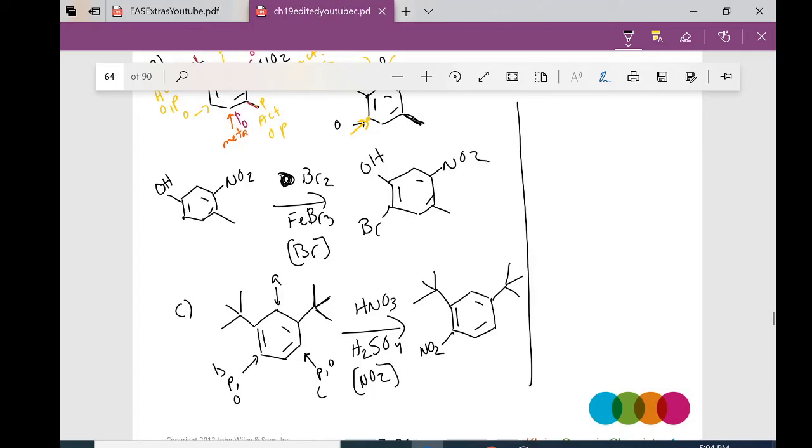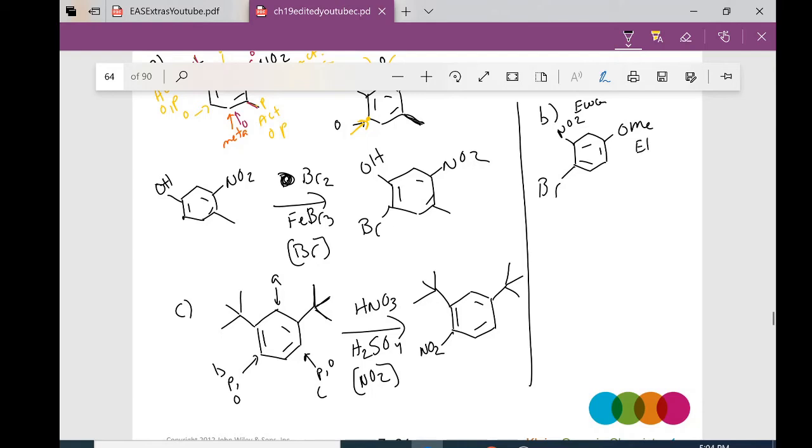Go ahead and work B while we're at it. Okay. Here's our starting material. Okay, so we have an electron withdrawing group that is a deactivator, so that's going to be a meta director.